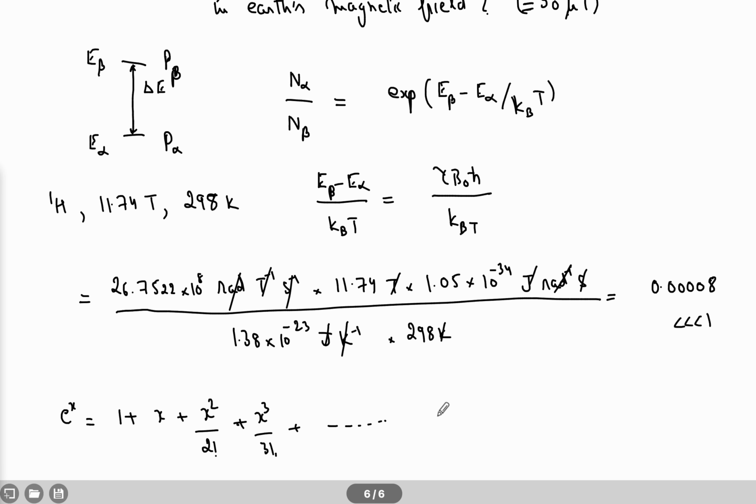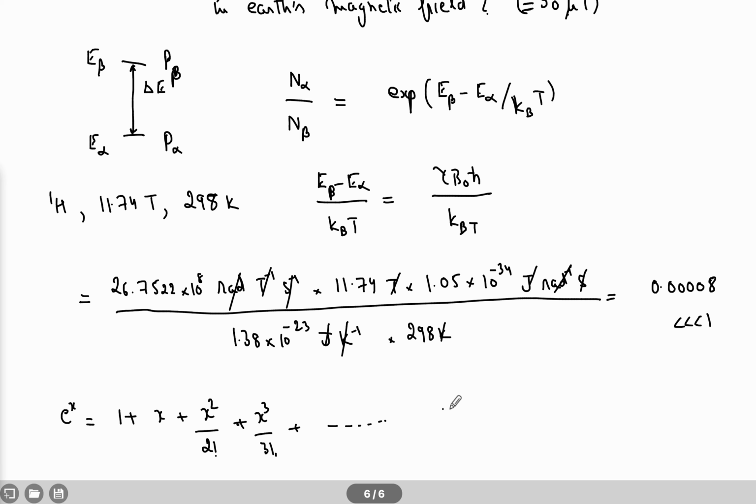Now if you remember your class 11th mathematics, you must have learned this Taylor series in class 11th, right? If x is less than 1, if x is very small, the higher powers of x, like x square, x cube, x4, they all vanish because the number becomes too small or too insignificant to be added to this number.